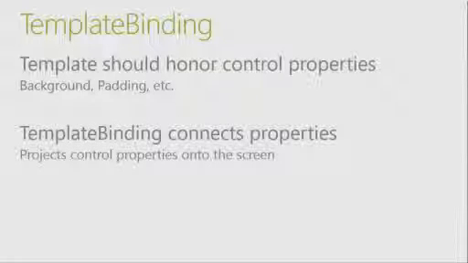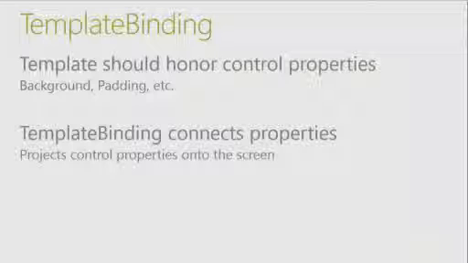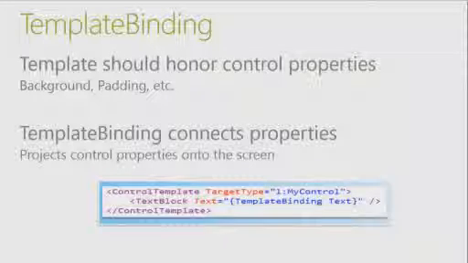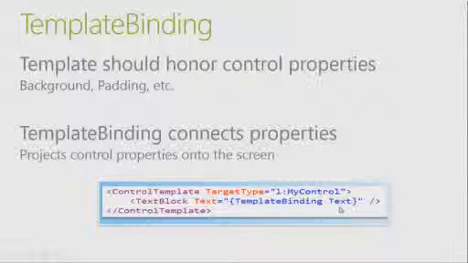Template binding connects properties, so it takes the control properties, which are lookless, again, and projects them, puts them on the screen in a visual manner inside the template, so you can have a very neat experience this way. So here, for example, this control has internally a text block. Actually, it doesn't have anything else, but this is just an example. And the text of this text block is going to be set to the text property of this control through a template binding.